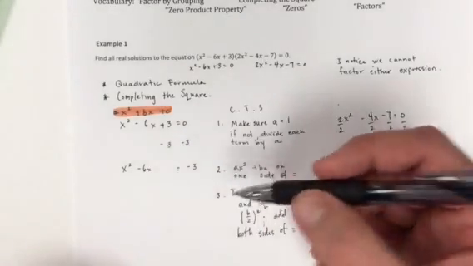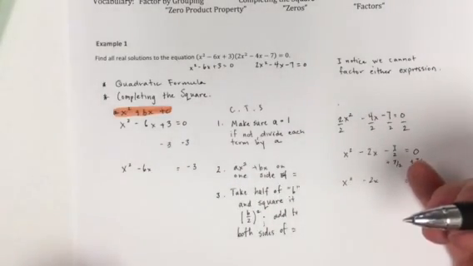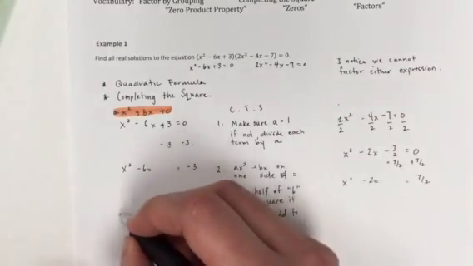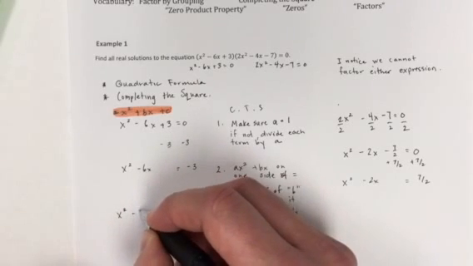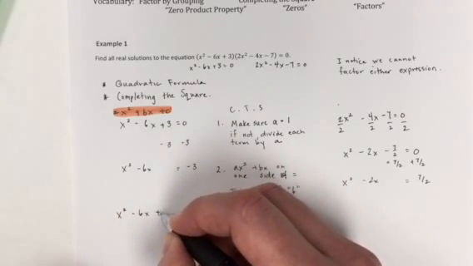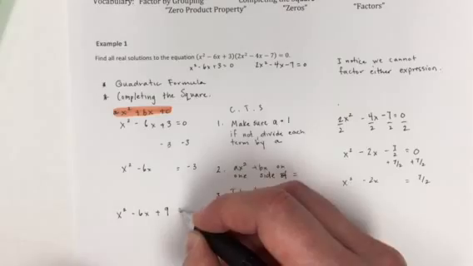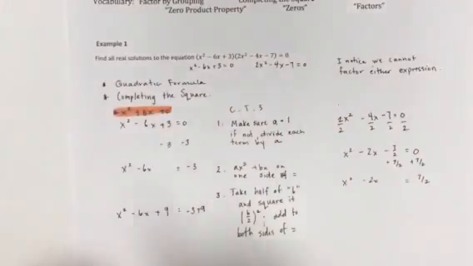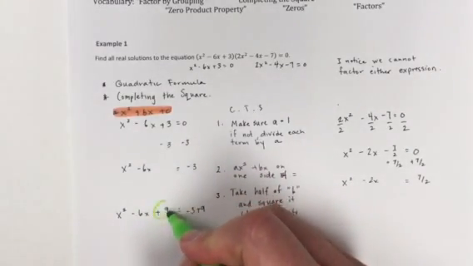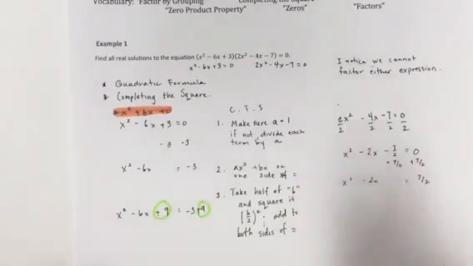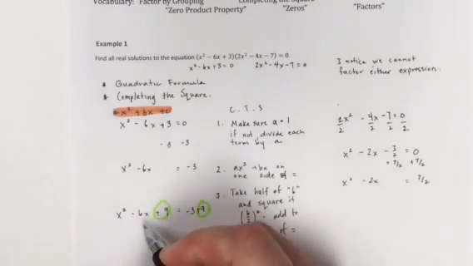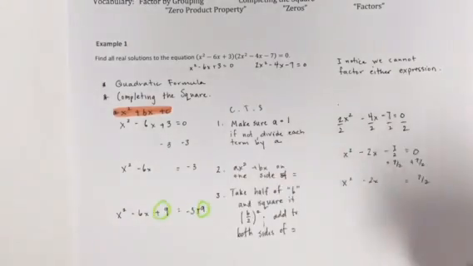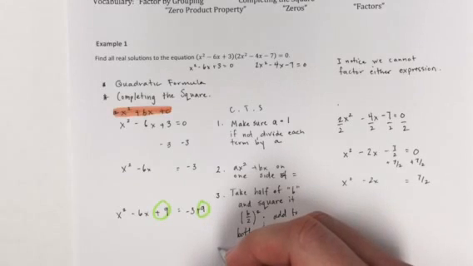Half of 6 is 3. 3 squared is 9, so this next step is going to look like this: x squared minus 6x plus 9 equals negative 3 plus 9. So what you'll notice is I kept it balanced because I added the same number to the right and left-hand side of the equation. And what this does is it sets me up to factor a perfect square.